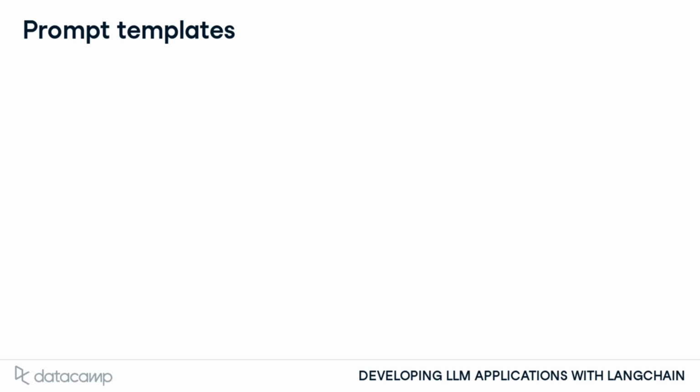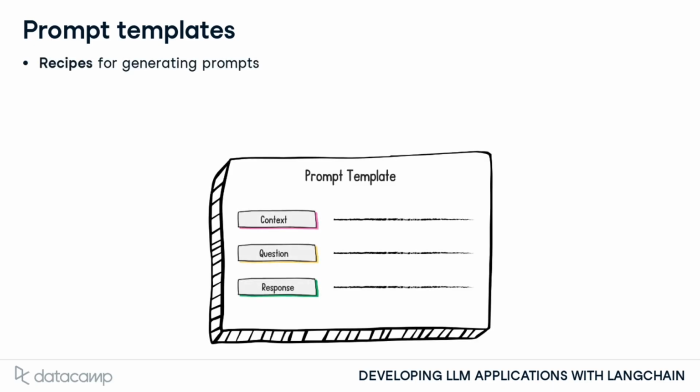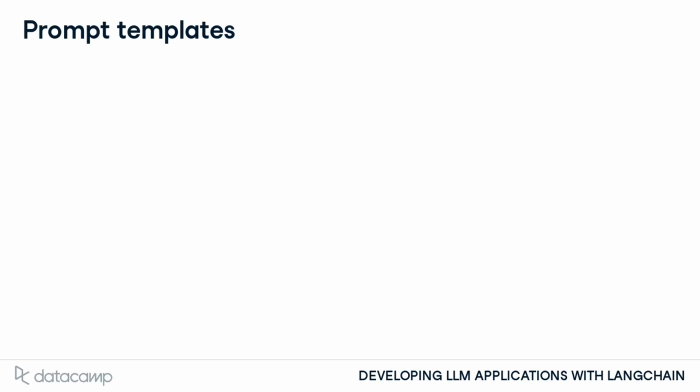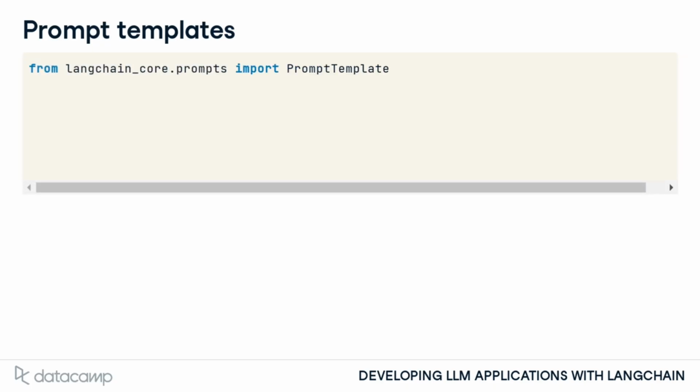Prompt templates act as reusable recipes for generating prompts from user inputs in a flexible and modular way. Templates can include instructions, examples, or any additional context that might help the model complete the task. Prompt templates are created using LangChain's prompt template class.